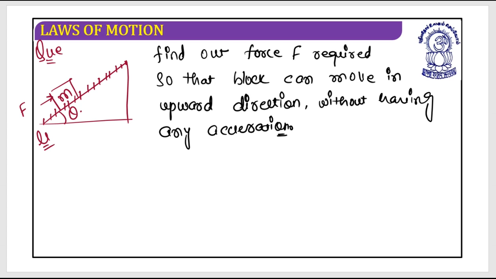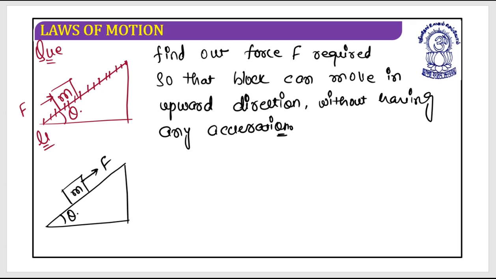Now, what does it mean? That the block should move in the upward direction, but the block should not have any acceleration. What does it mean? Yes, some of you might have got it right. That this should be the situation, this is theta. I'm going to push this. That means from here you can make it clear.